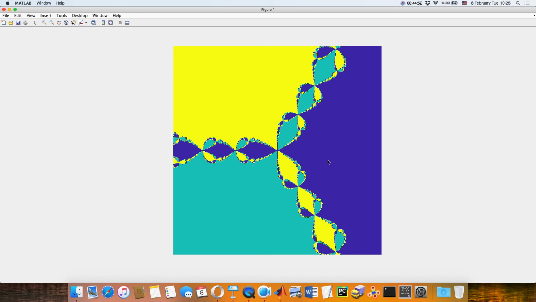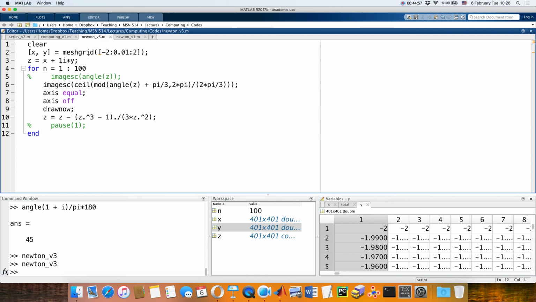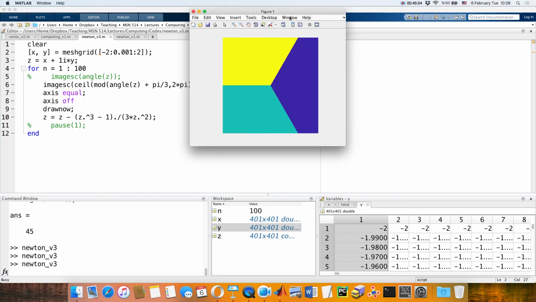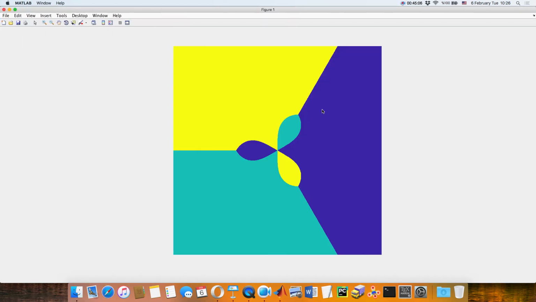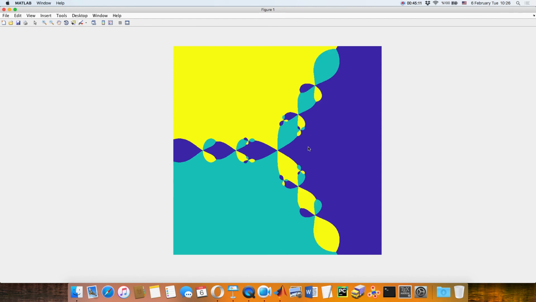There you go, the eye candy. Maybe we can make it even slower if we take this. So now you are seeing it in more high definition and much slower. So basically these are the regions, the basins of attraction for the roots as you apply the Newton-Raphson method.